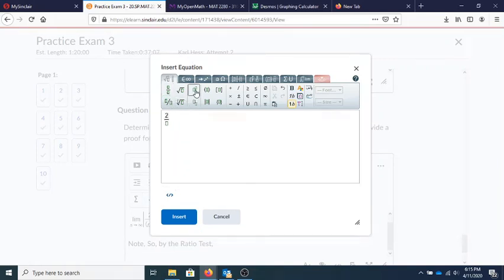So note, 2 to the n over n to the 4 does not equal 0.